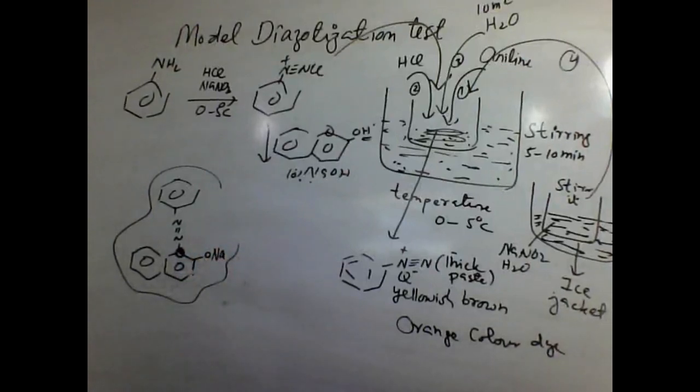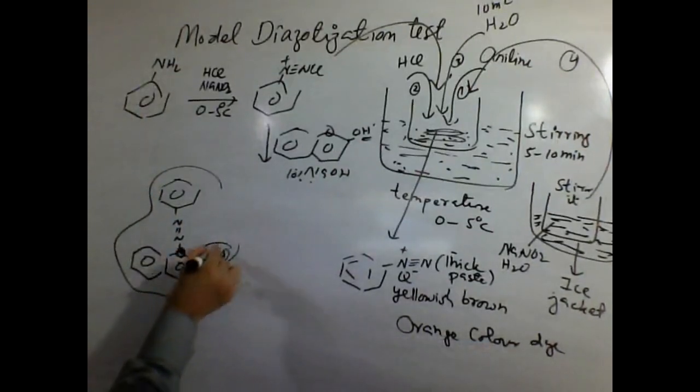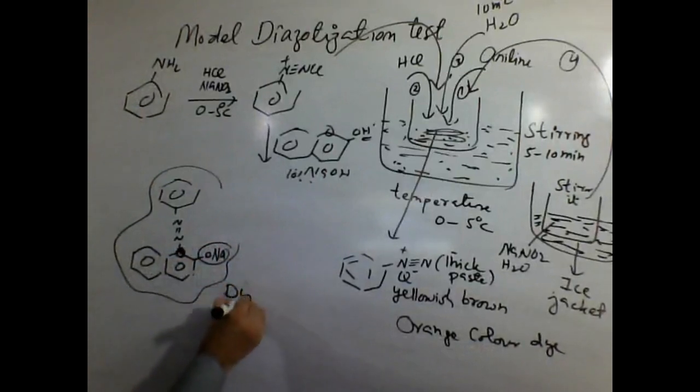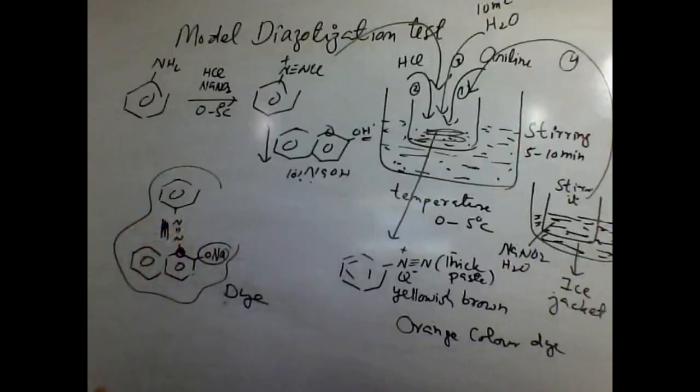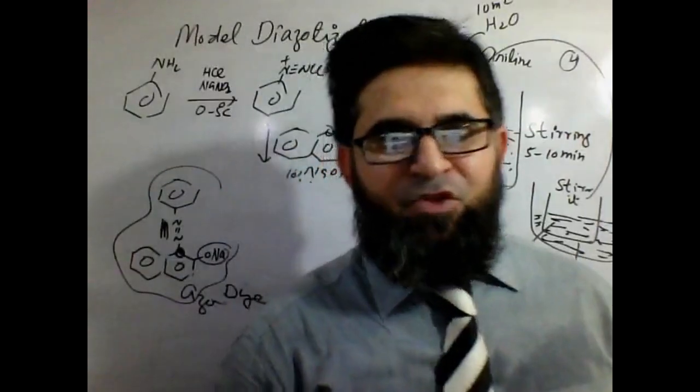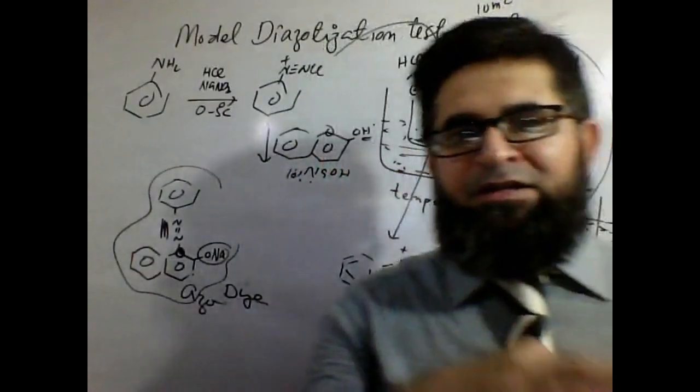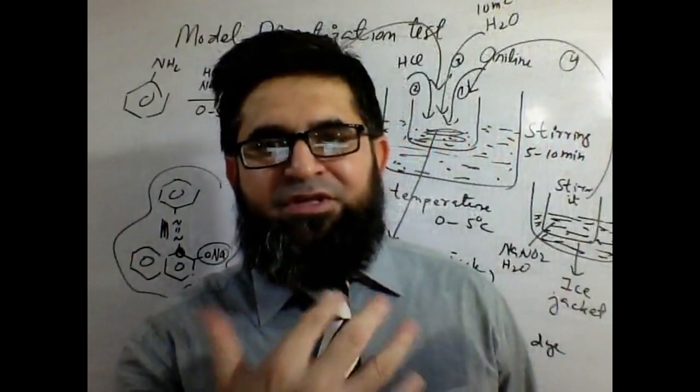As I've told you, the organic colorants, orange dye, orange color, when it has become a salt, is called a dye. Due to the presence of this azo group, this is called an azo dye. So this is the basic concept behind the identification of amines.